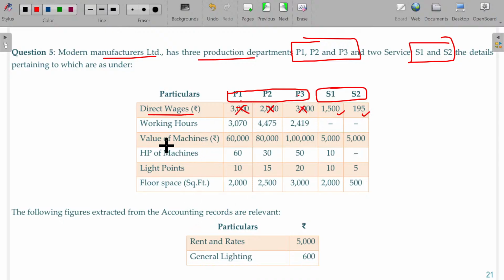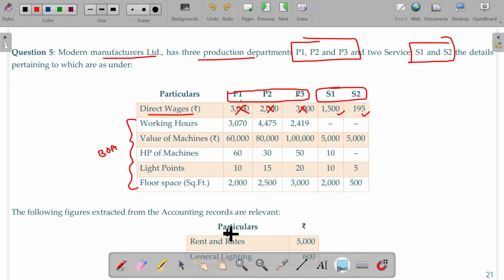Working hours, value of machines, horsepower of machines, light points and floor space are all available. These are the basis of apportionment or allocation, of the group of overheads. The following figures extracted from the accounting records are entered. This will be the value.